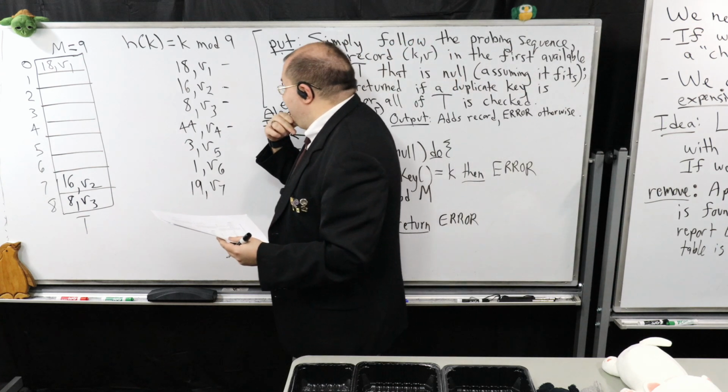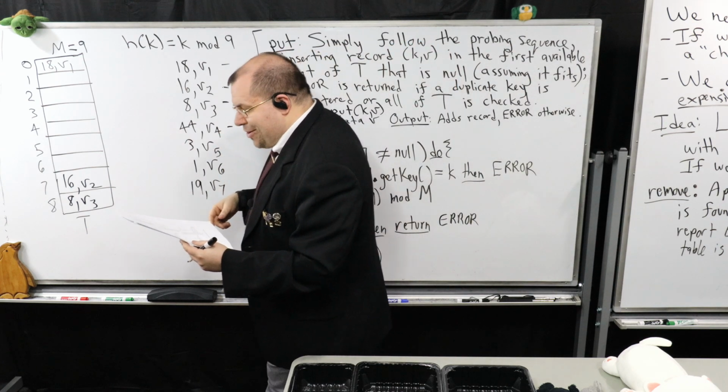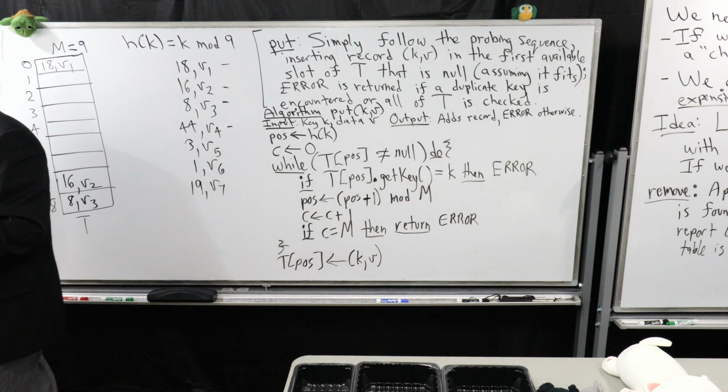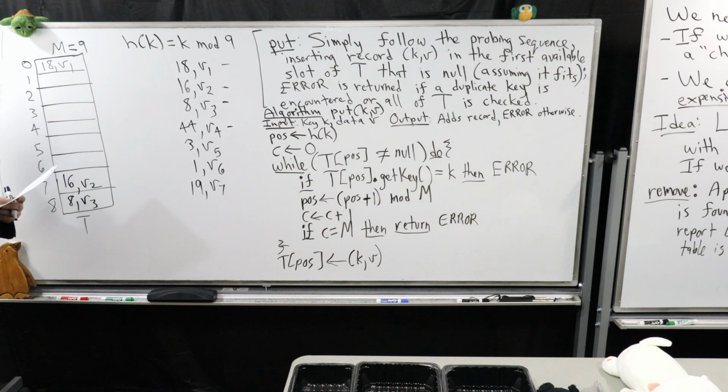Yeah, it's 45, but this is 44. So you know right away that we're going to have to be a bit careful, because 44 mod 9 is going to be right here. It's going to be 8.